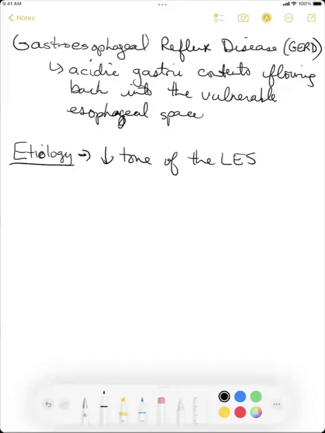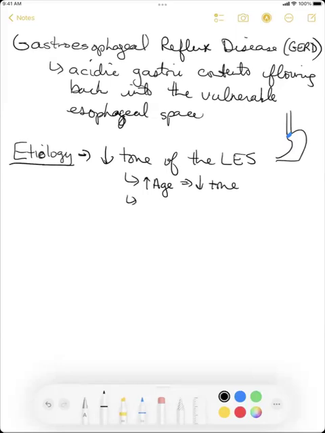So remember that band of muscle that would protect the esophagus from actually getting acidic contents going back. Well, sometimes the tone of that goes down. The tone can go down for a number of reasons. The most common reason is advancing age. The older somebody is, the lower the tone of the lower esophageal sphincter.